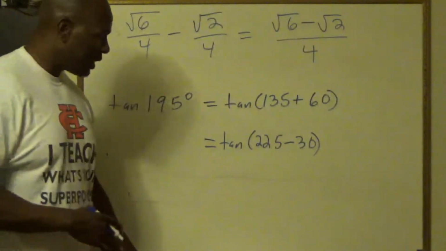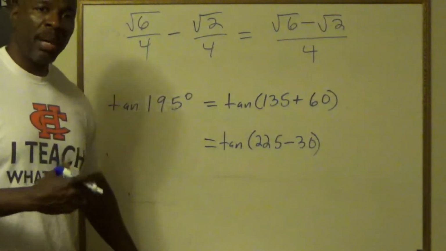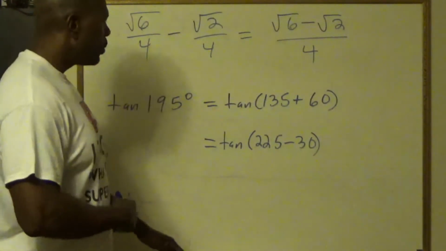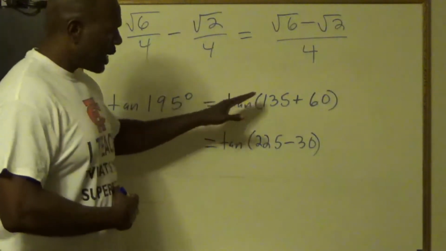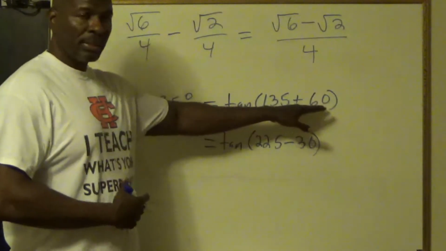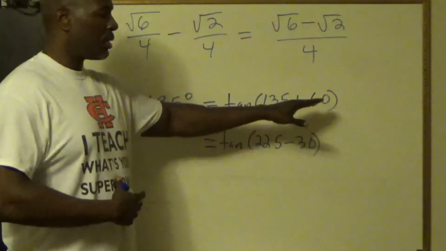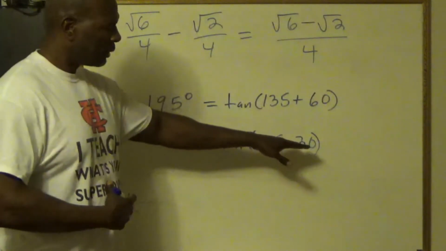Now, for tangent, whenever possible, you would prefer to use an angle that has a reference angle of 60 versus an angle that has a reference angle of 30.